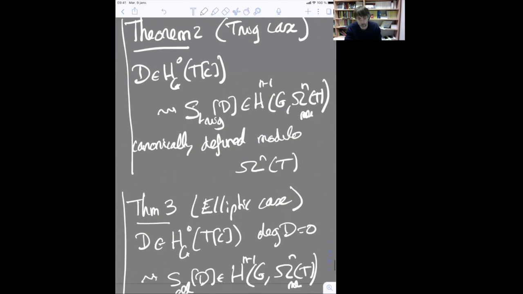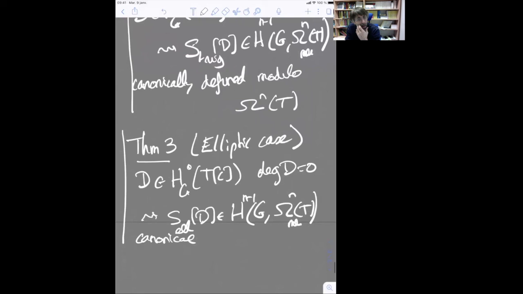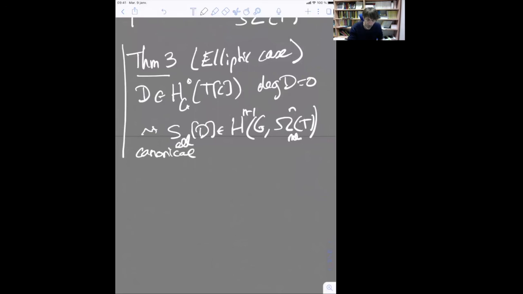It will be studied more precisely by Luis Garcia in his talk. The thing is that now, as you expect, it leads to classes of degree n.